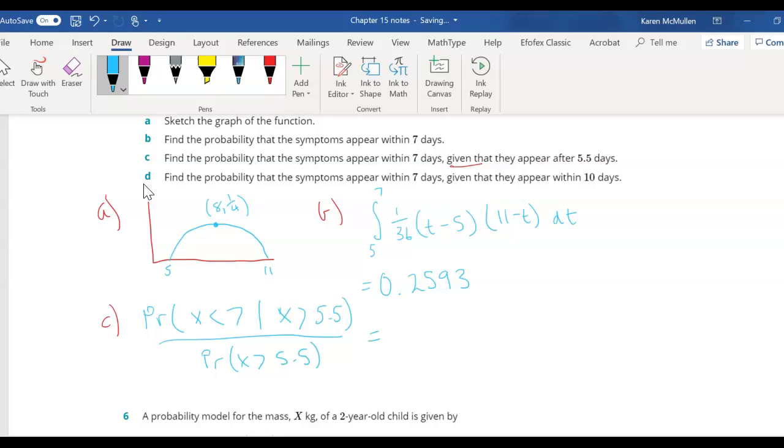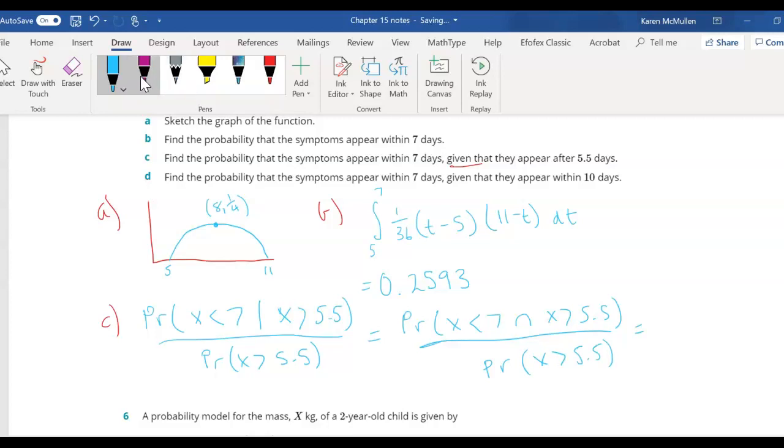All right, so if we're writing out the conditional probability formula, we want the probability that x is less than 7 and x is greater than 5.5 over the probability that x is greater than 5.5.